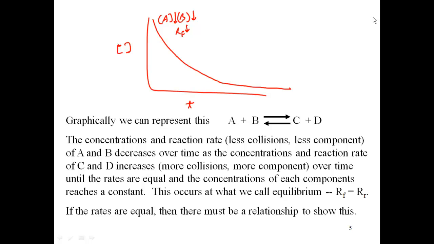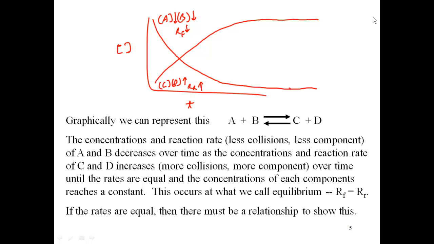At the same time, I'm producing C and D, so I have concentration of C and concentration of D. Those concentrations are going up over time because I'm producing them. So it has some reverse rate, okay? Well, as the concentrations of those are increasing over time, eventually concentrations will level out just like they did with the A and B, and your reverse rate will be increasing over time.